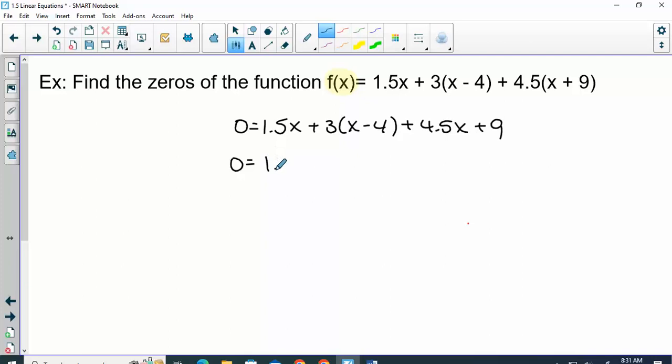So if we start by distributing, and 4.5 times 9, 40.5, right?